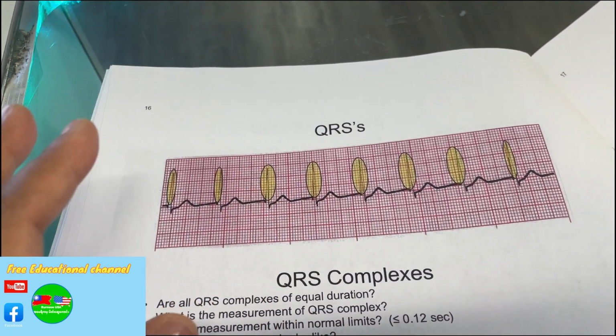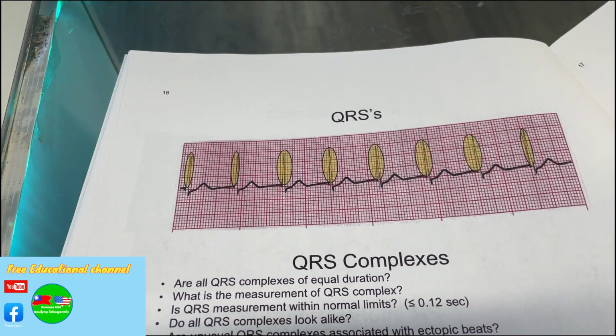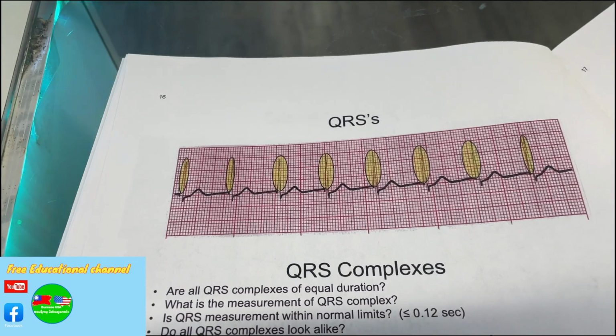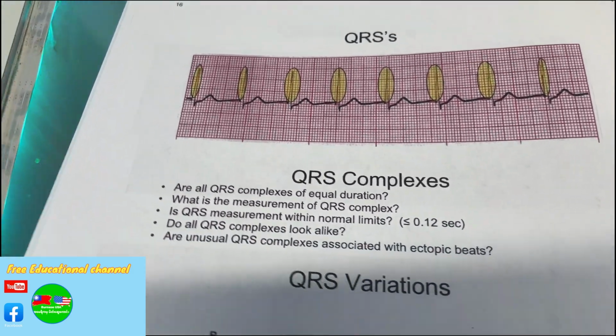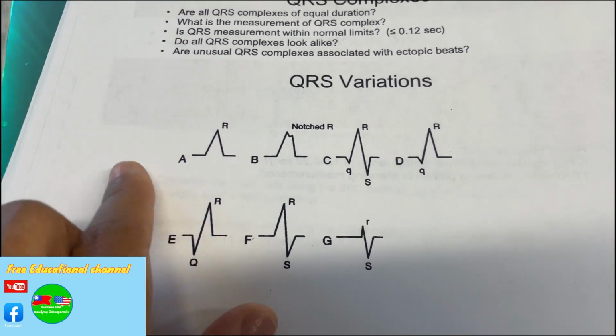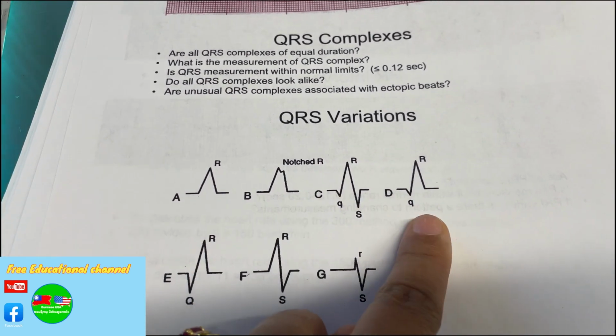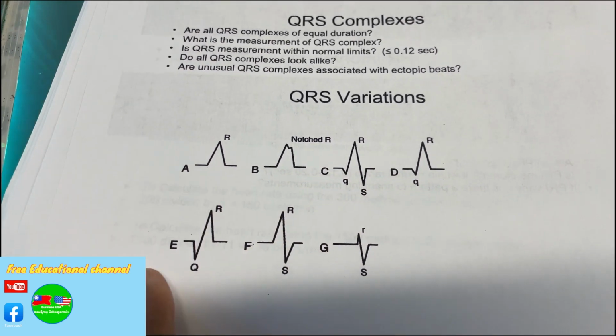identify if the beat is early or late. If it is early, then I don't remember what that's called, but if it is late, then it's escape. So you see this is an R, with those variations.